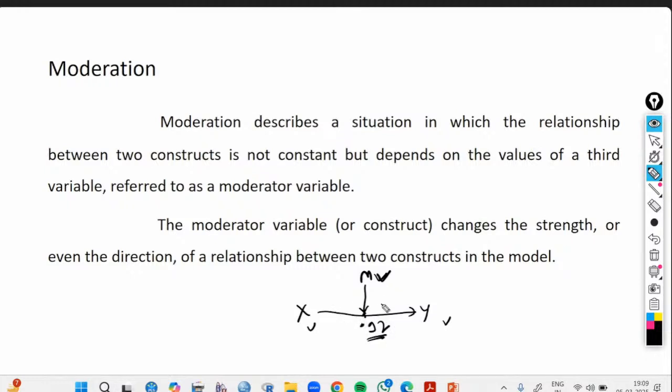If there is a positive correlation between the independent and dependent variable, then the moderating variable can change the relationship between X and Y, it can become negative or inverse.